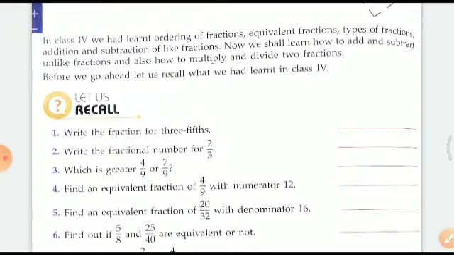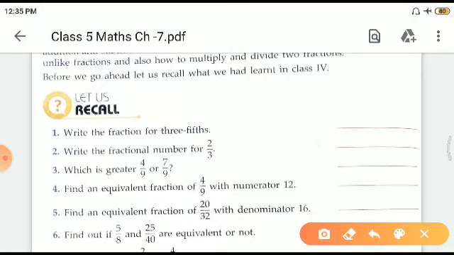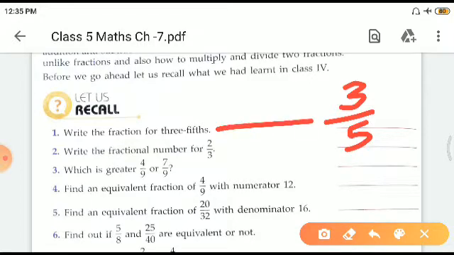First, write the fraction for 3/5. See, it is 3/5. So the first number will become the numerator, and then the second one will be the denominator. This is 3/5, right?